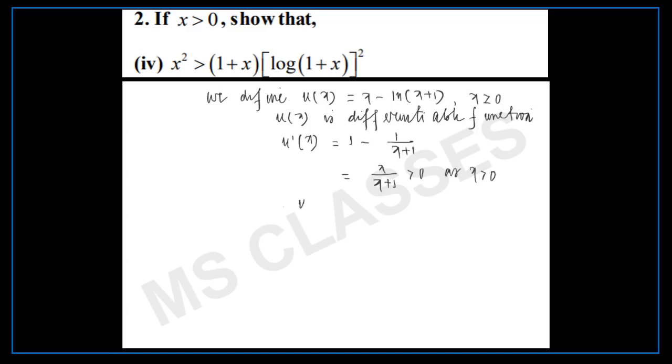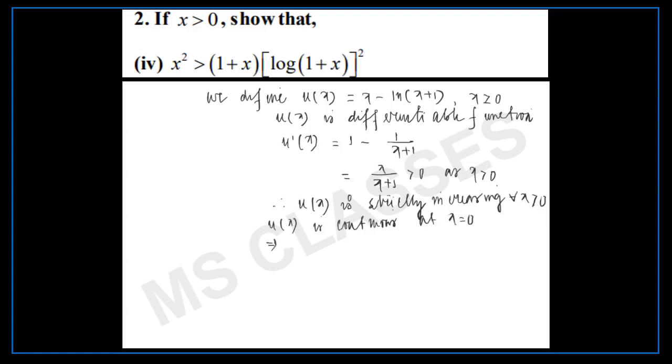Therefore, u(x) is strictly increasing for all x greater than 0. u(x) is continuous at x equal to 0.